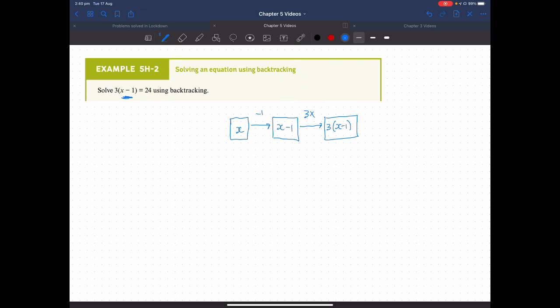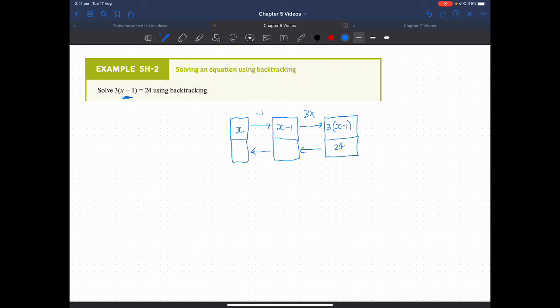Now we're going to do the backtracking. We're told 3 times x minus 1 is equal to 24. So what I want to do is fill in the other two squares going backwards because we are backtracking.